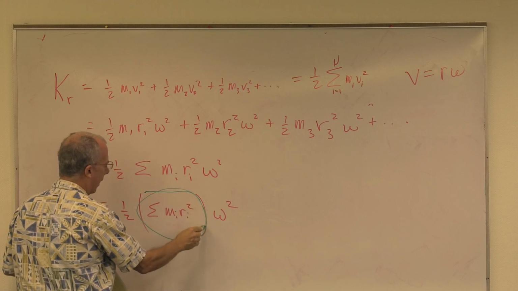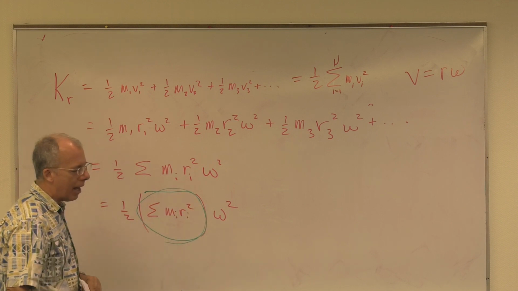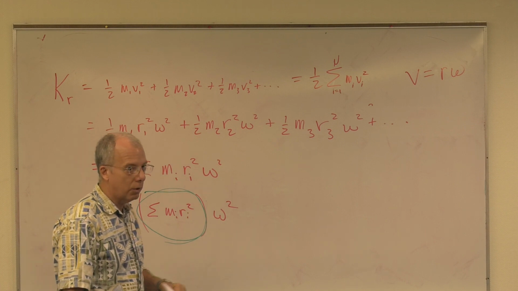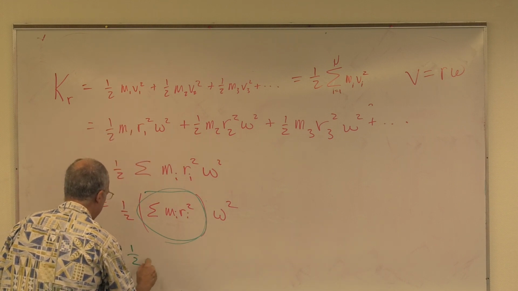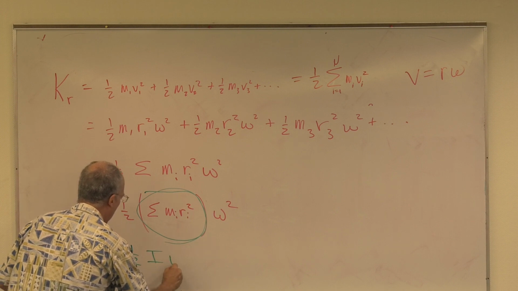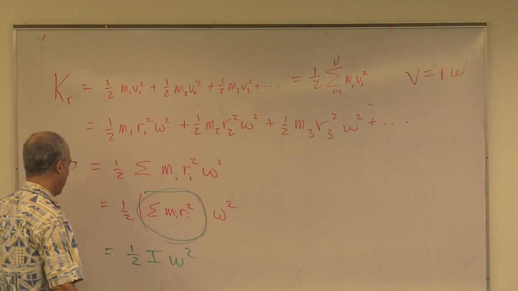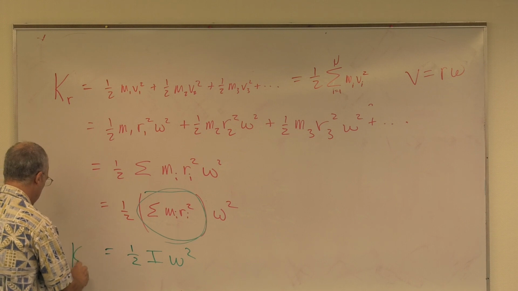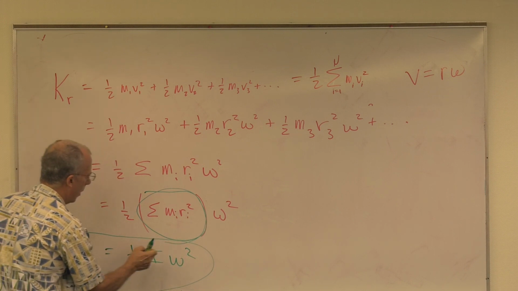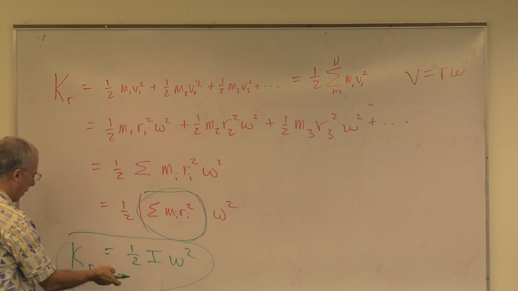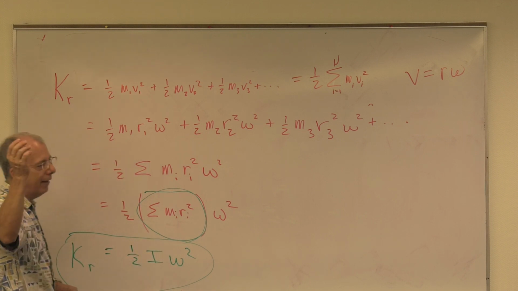You should know that. What's the sum mi ri squared? This is rotational inertia. So this is 1/2 I omega squared. So that's the kinetic energy of rotation. 1/2 I omega squared. Okay, there you go.